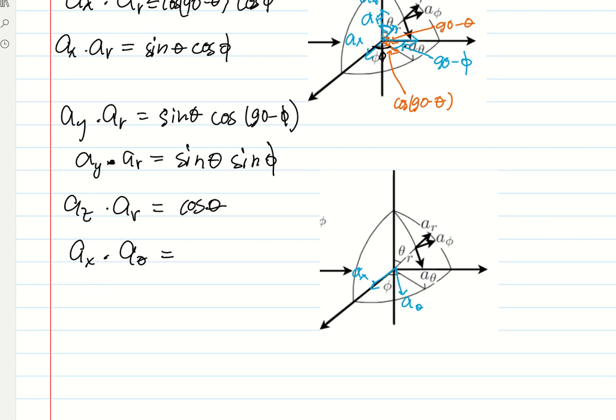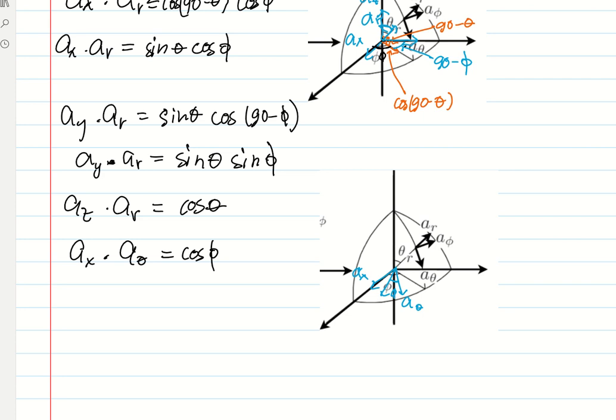So we need to rotate this into this direction, and this one can again be solved. The angle between them is just phi. We just rotate this until here in the x direction, so that's also phi. And to solve that, this is equal to the cosine of the angle between them, and that is cosine phi.